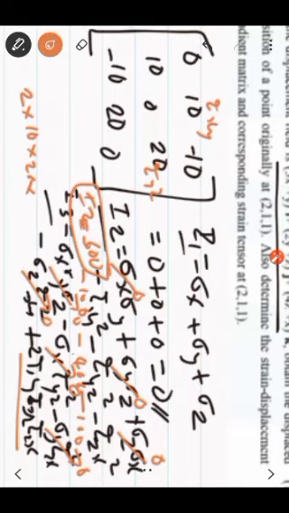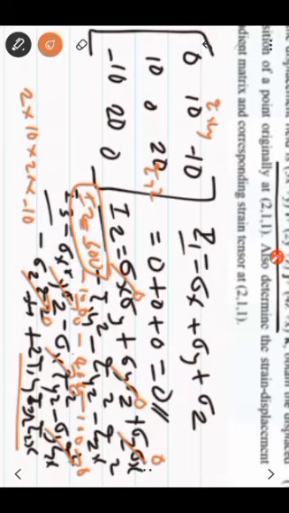So again this will become 0, this will become 0, this will become 0, because all the sigma terms are 0. Only this one is here, that is 2 into tau xy is 10, into tau yz is 20, into tau zx, that is minus 10.